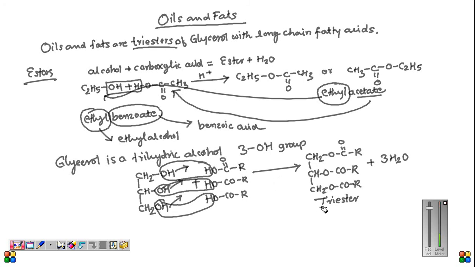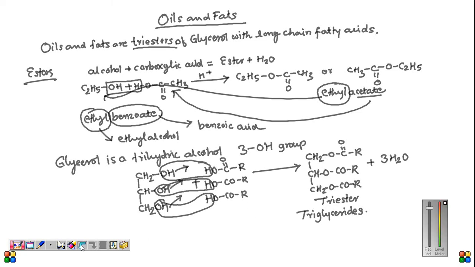These triesters are called triglycerides. Then what are oils and fats? Oils and fats are the triesters or triglycerides with long chain fatty acids.